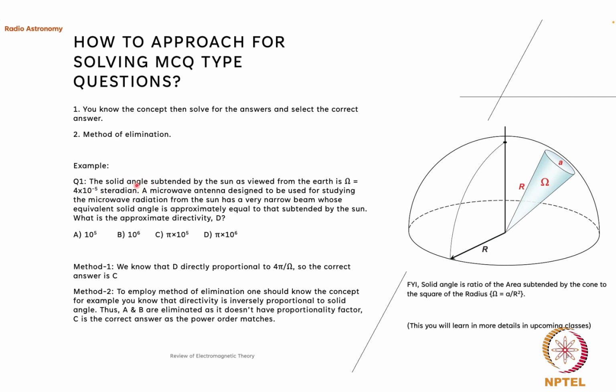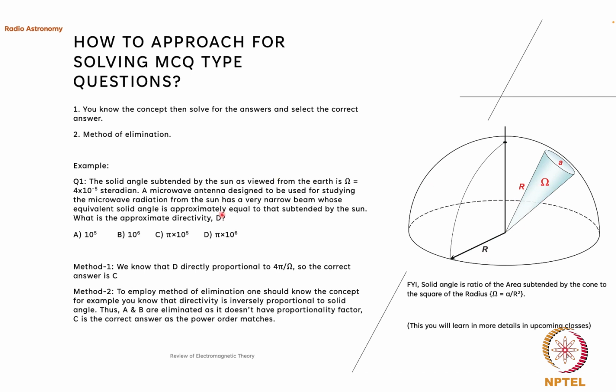Now this question says that the Earth subtends a solid angle with the sun of 4 into 10 to the power minus 5 steradian. For your information, the solid angle is the ratio of the area subtended by the cone, this small a, over the radius square.